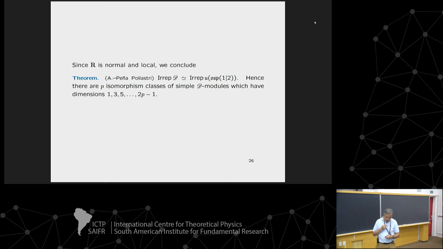And those were computed in the literature. I forgot the authors. And it turns out there are p isomorphism classes of simple D modules which have dimensions 1, 3, 5, so all odd numbers up to 2p minus 1.